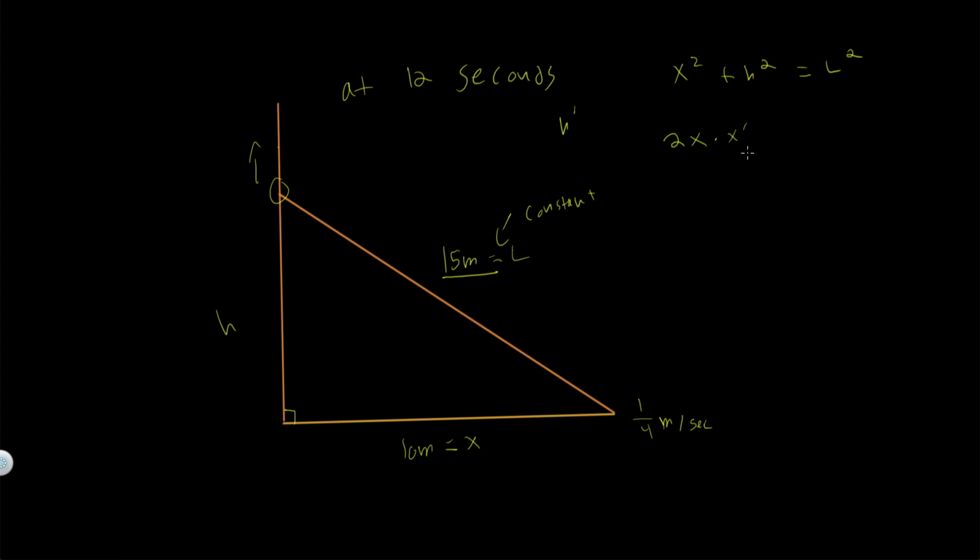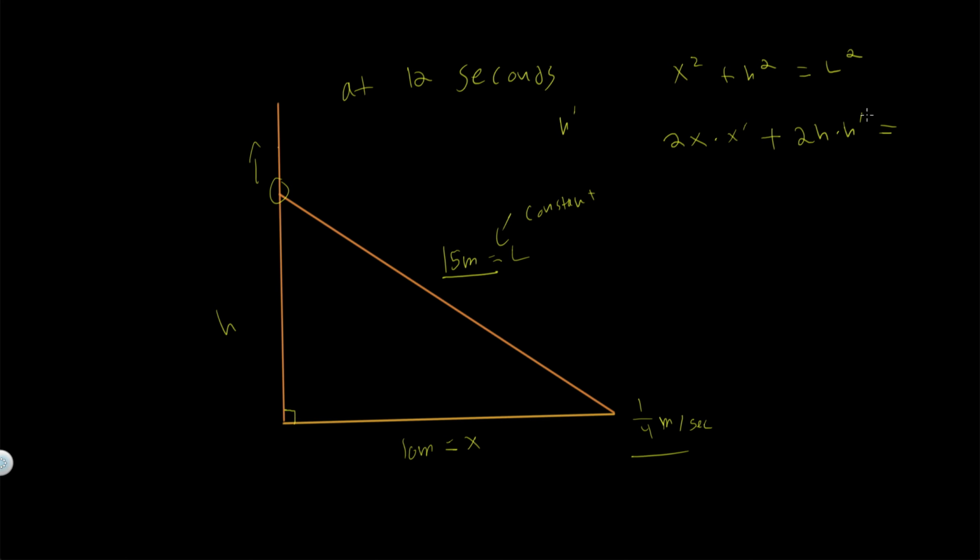And x prime is how fast the bottom is moving, and we have that value, so we'll plug that in later. But for now, let's leave it in terms of x prime. Plus 2h times h prime. And again, if you take the derivative of x or h with respect to time, they both are changing. That's why we have to use chain rule and do x prime and h prime.